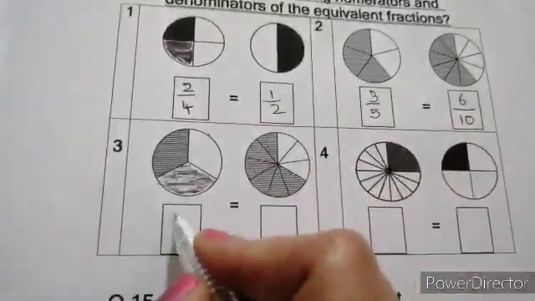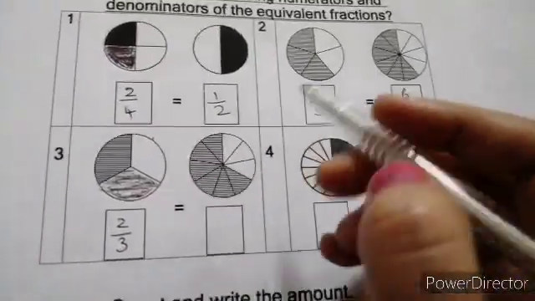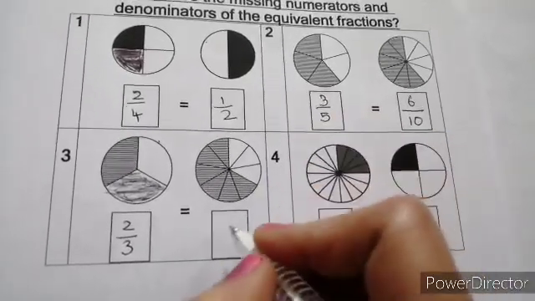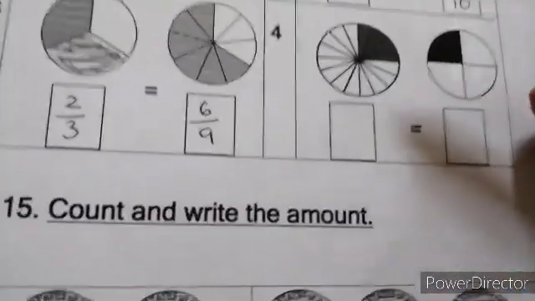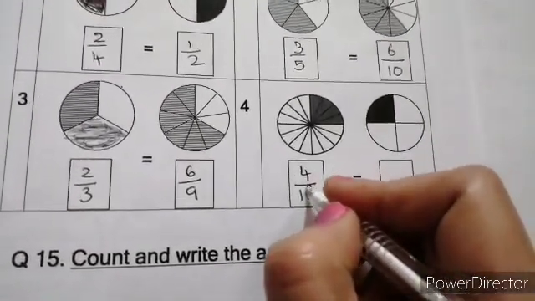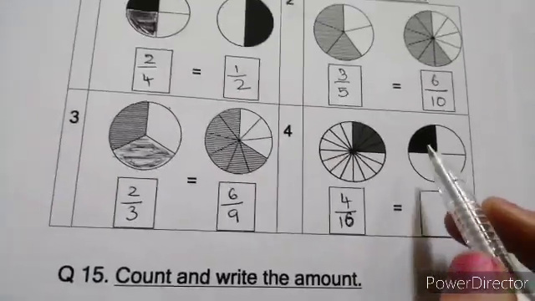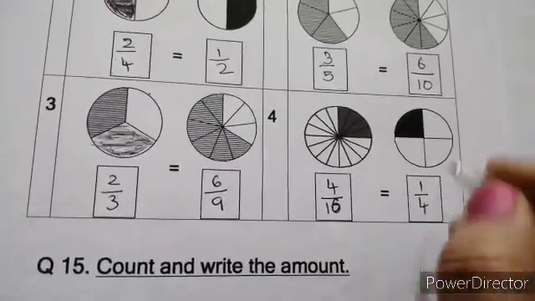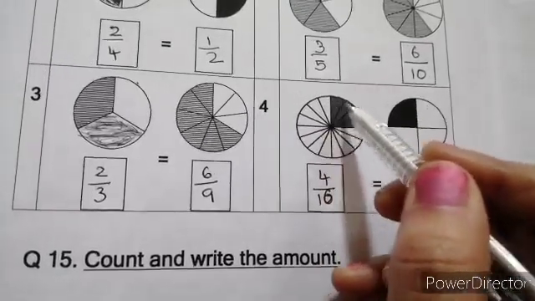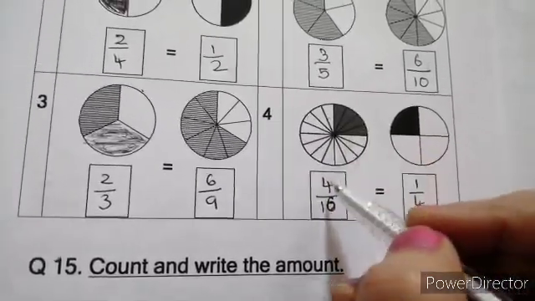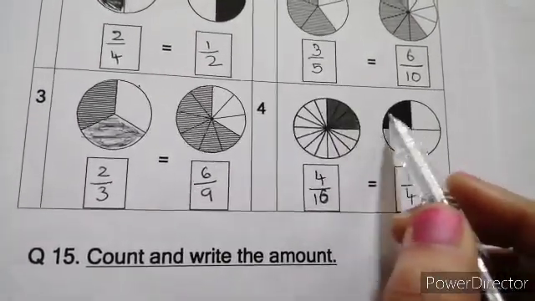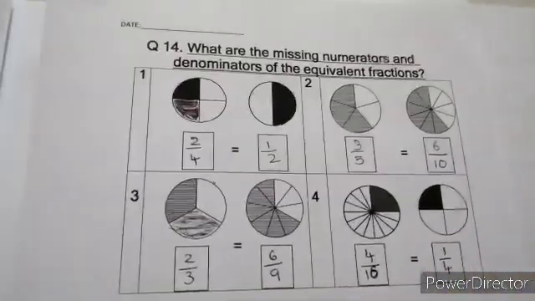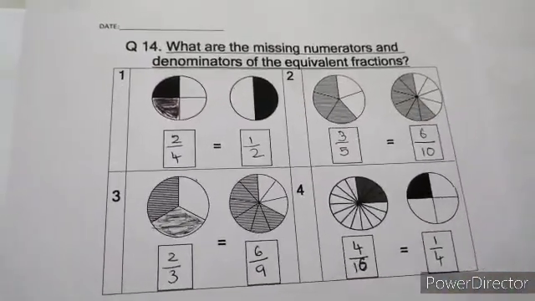Similarly, 2 by 3. 2 by 3 is equal to 6 by 9. 4 by 16. 4 by 16 is equal to 1 by 4. How 16 here? It is divided into 16 portions. If you count, there will be 16 and 4 of them are shaded. So 4 by 16 is equal to 1 by 4. Both the shaded portions are equal. 1/4 is shaded in both.